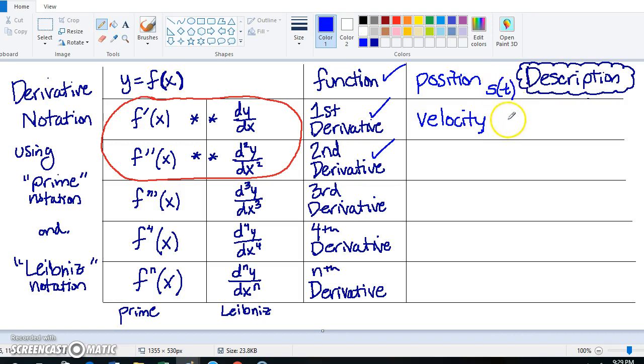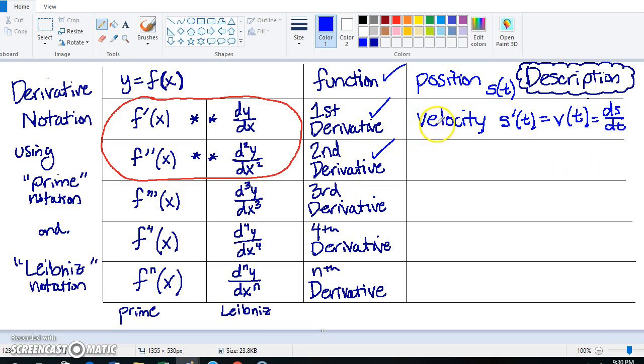From s of t, velocity is the derivative of s of t. Okay? And we'll denote velocity with a v of t function notation. Of course, this could also be in Leibniz notation, ds dt.